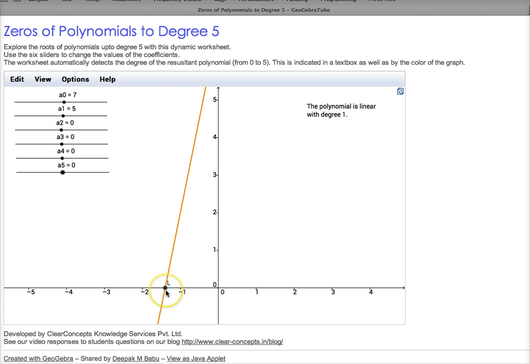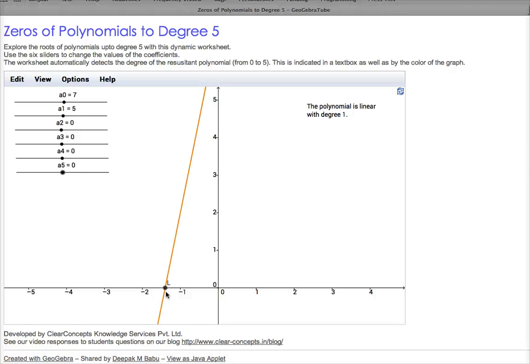Do we agree that at this point, when x is minus 7 by 5, f(x), which is 5x plus 7, which was the polynomial, has a value of 0? Do we agree with that? Hopefully this gives you a sense for what it means to find the zeros of a polynomial. Alright?